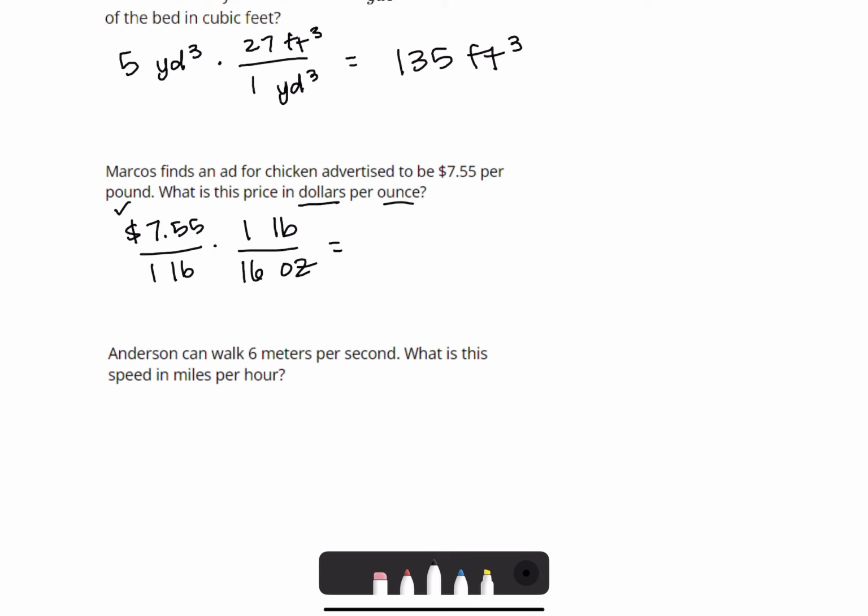That's under the weight and mass header. I feel like that kind of looks like a 16, so I'm going to try to make it look more like pounds. So our pounds units cancel, and we divide this. We multiply out those fractions. So it would be 0.47, so 47 cents per 1 ounce.